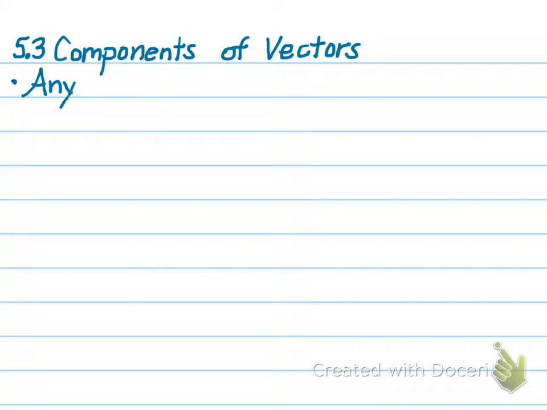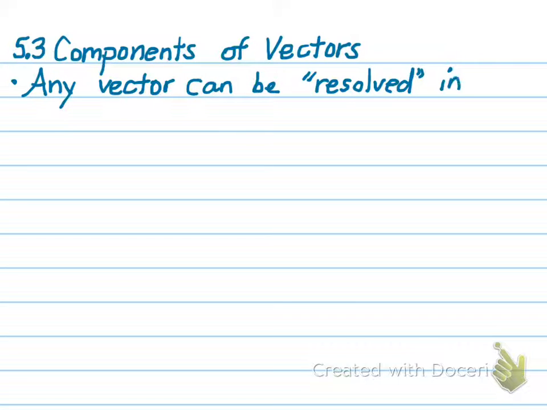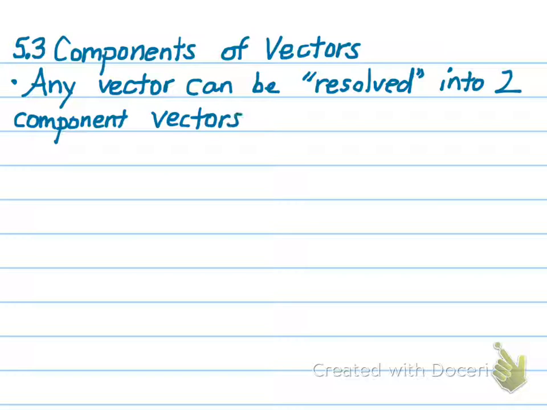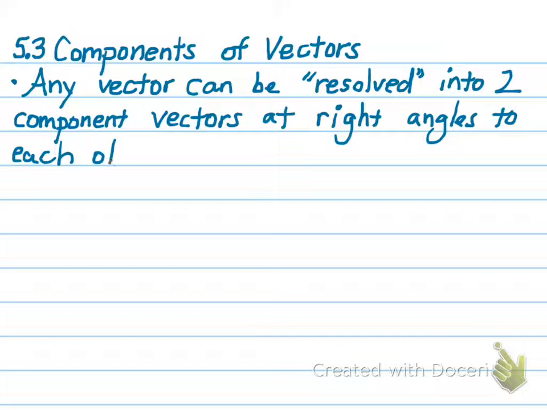We need to remember that any vector, which looks like an arrow, can be resolved into two component vectors at right angles to each other. And we're going to use this all throughout the rest of Chapter 5, okay?